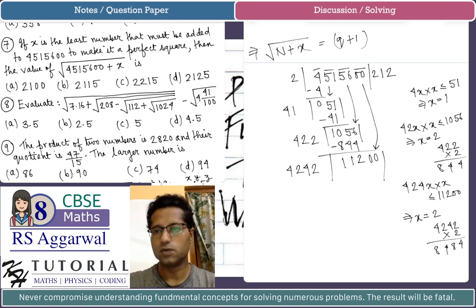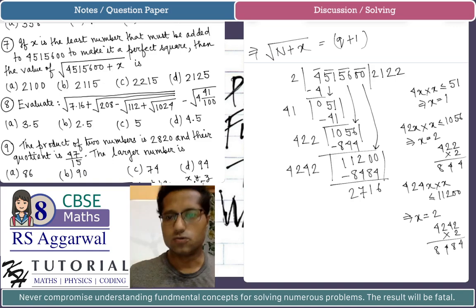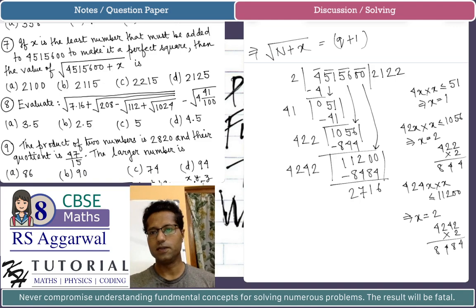We append 2 to the current quotient, and 4242 multiplied by 2 is 8484. We subtract that from the current dividend. Anyway, the purpose was to find the quotient, because we need the quotient. The answer will be this quotient plus 1.